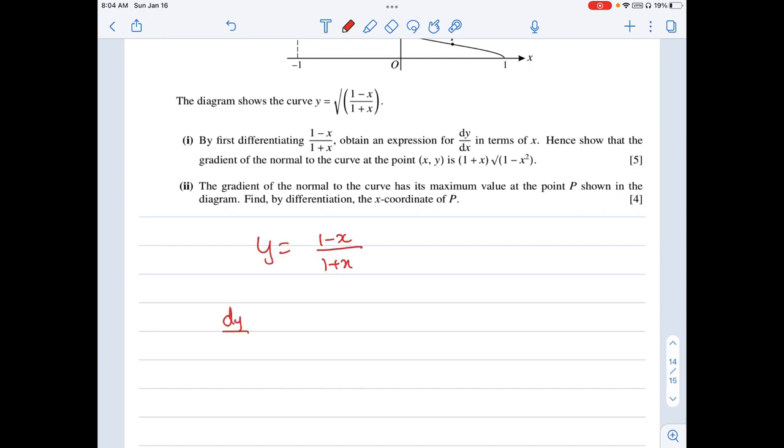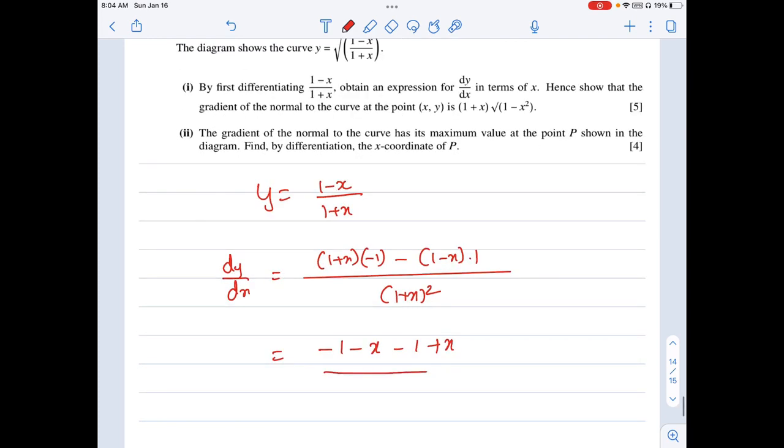So dy by dx is equal to, quotient rule I follow, 1 plus x whole square. 1 plus x times derivative of 1 minus x is minus 1, minus 1 minus x, derivative of 1 plus x is 1. So it becomes minus 1 minus x minus 1 plus x divided by 1 plus x whole square. So x gets cancelled, it is minus 2 upon 1 plus x whole square. That is the derivative of that one.